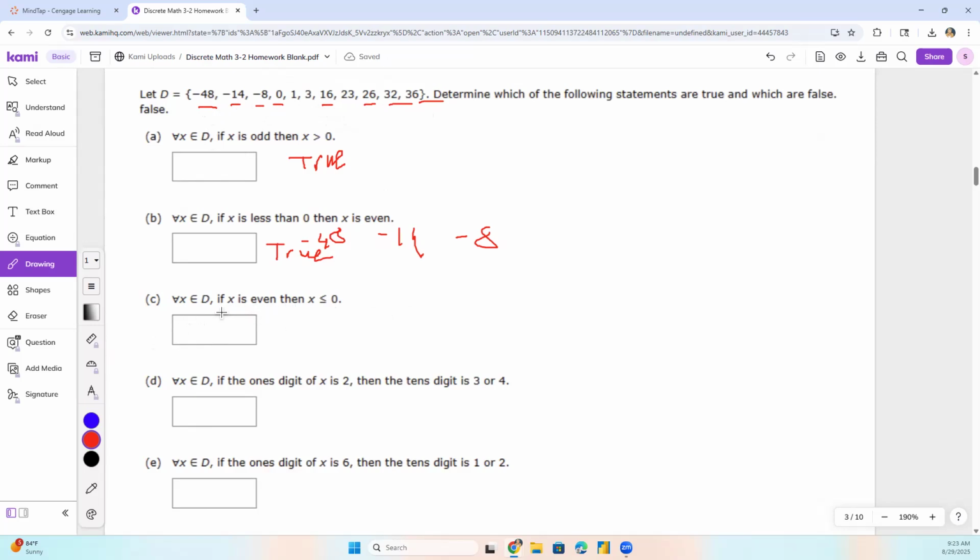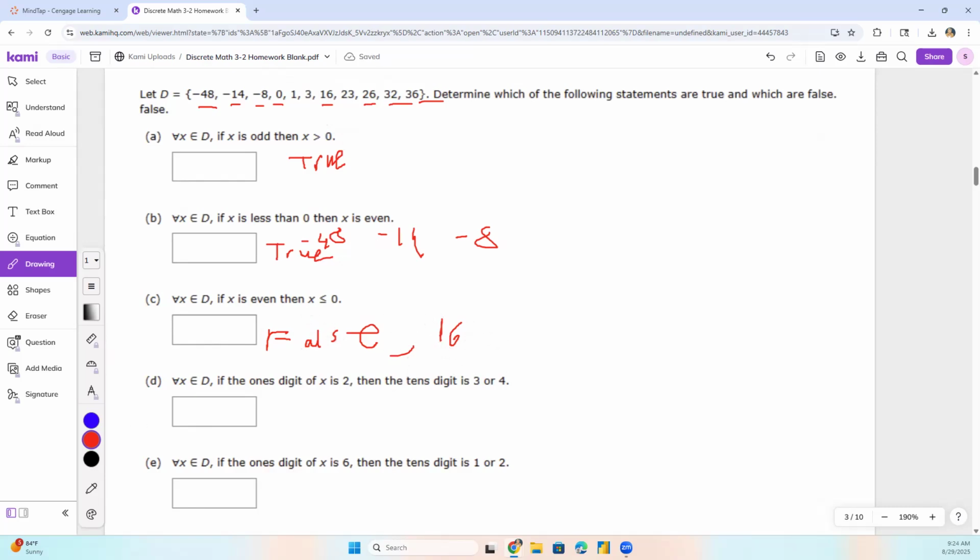And this statement is saying that if it is an even number, then it is 0 or less than 0. But what about these numbers, 16, 26, 32, and 36? So this will be false, right? And then it says, once you decide that it is false, you have to give a counterexample. And one of the counterexamples I can give is 16 is an even number, but it is not a negative number.